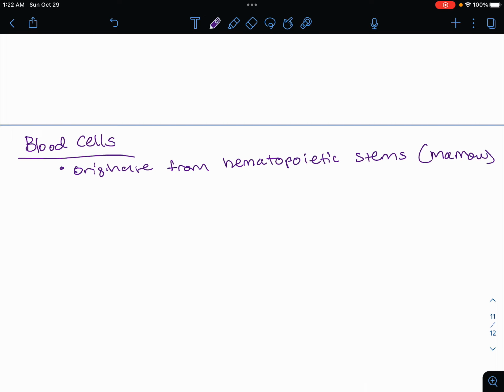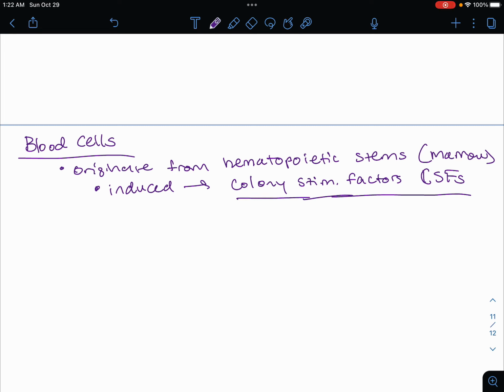When these are induced, they form colony stimulating factors, or CSFs. That's again one of our abbreviated terms there, CSFs, which are colony stimulating factors. Blood cells, of course, are going to move around the body through the circulatory system.